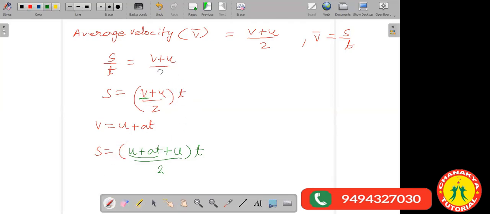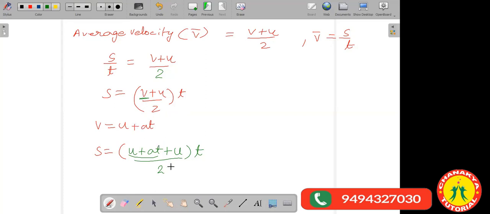Here we have written, see, average velocity is given by v plus u by 2. Average velocity is also given by the formula total displacement by total time. So since both are the formula of average velocity, we equate them. And if we equate them, we get displacement by time equals u plus v by 2. By transposing, we take t to the other side, and now we substitute the value of v.